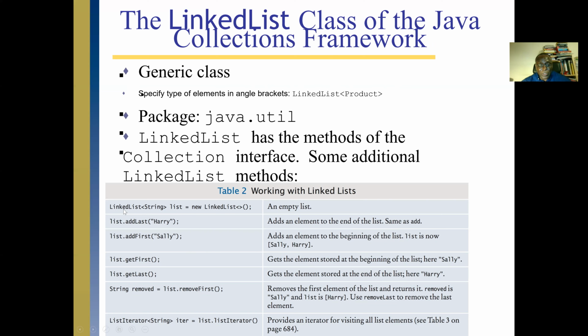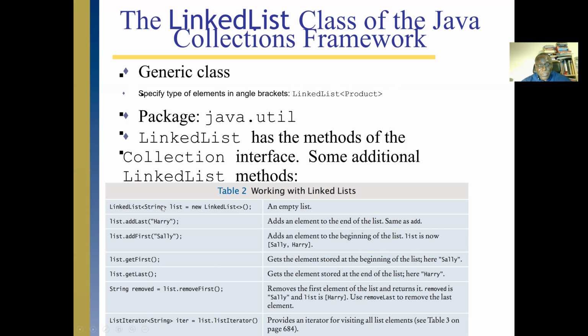So here we can see we are creating a new object, the linked list object called list. We use the class LinkedList. The data type is String. Then we use the keyword new to dynamically allocate the memory space during the running time. And of course, the constructor LinkedList.